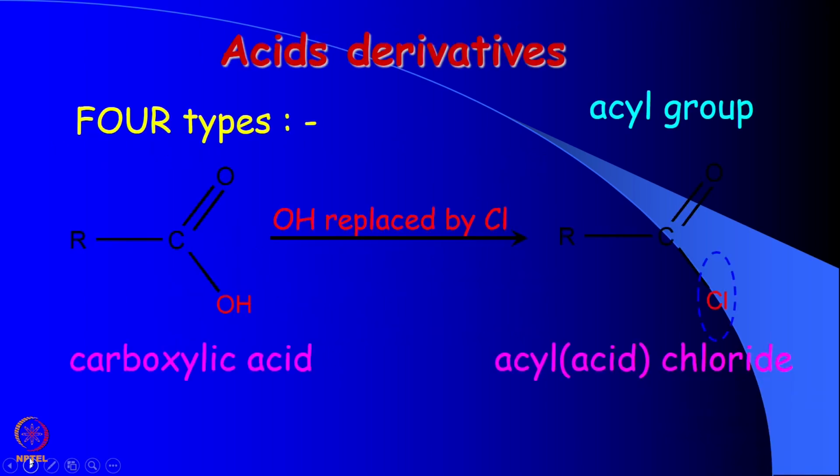There are different acid derivatives. When you have an acid and you replace the OH group by a chloride, you get acyl chloride or acid chloride.